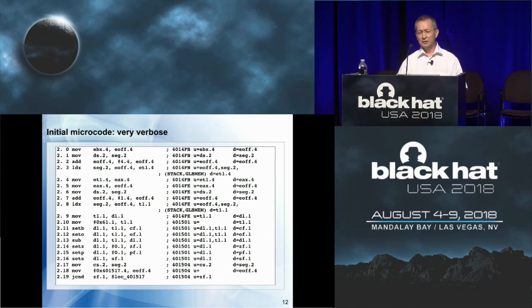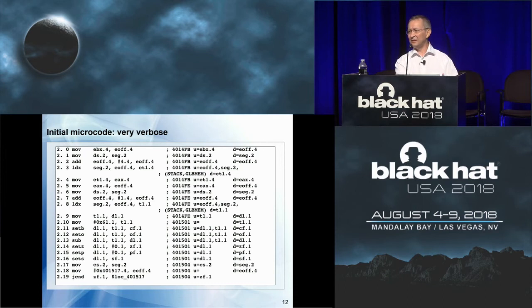For example, the instruction at FB got translated into 5 micro instructions, and the instruction at 501 got translated into how many of them? 7 micro instructions. You see that all side effects are spelled out explicitly. It's very verbose.